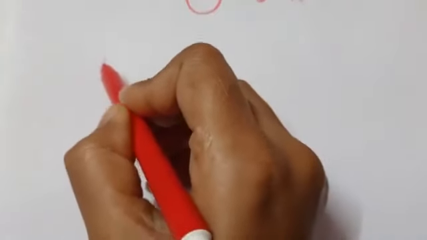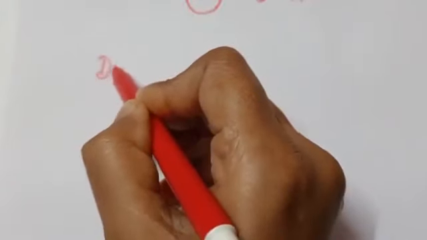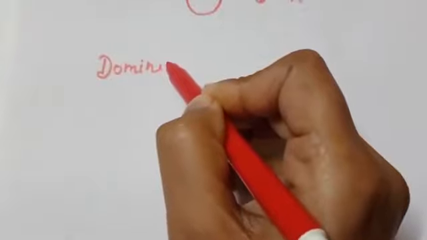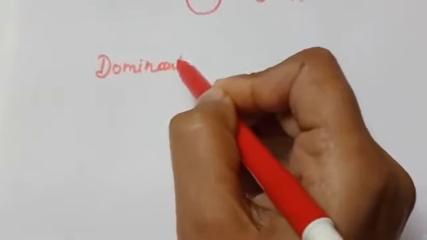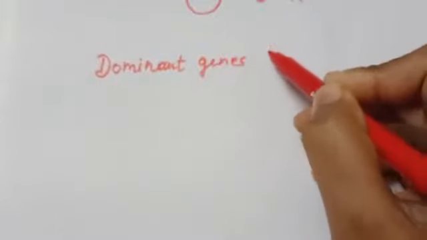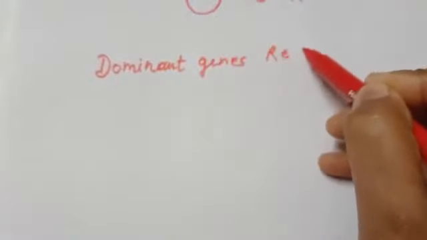So finally, we can conclude that two different types of genes are available, dominant genes and recessive genes.